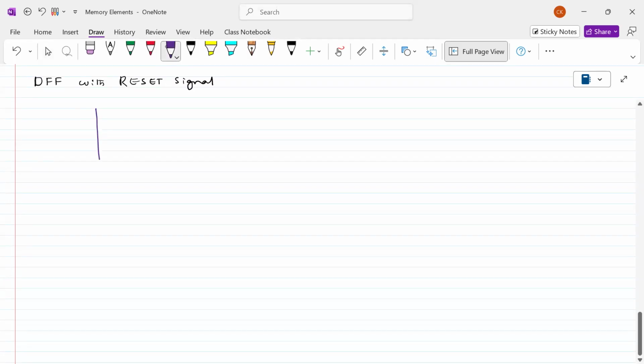If we talk about any digital circuit, this is the memory element, for example. As we have seen, we have a D in signal, and it will produce the D out signal, provided there is one enable signal.